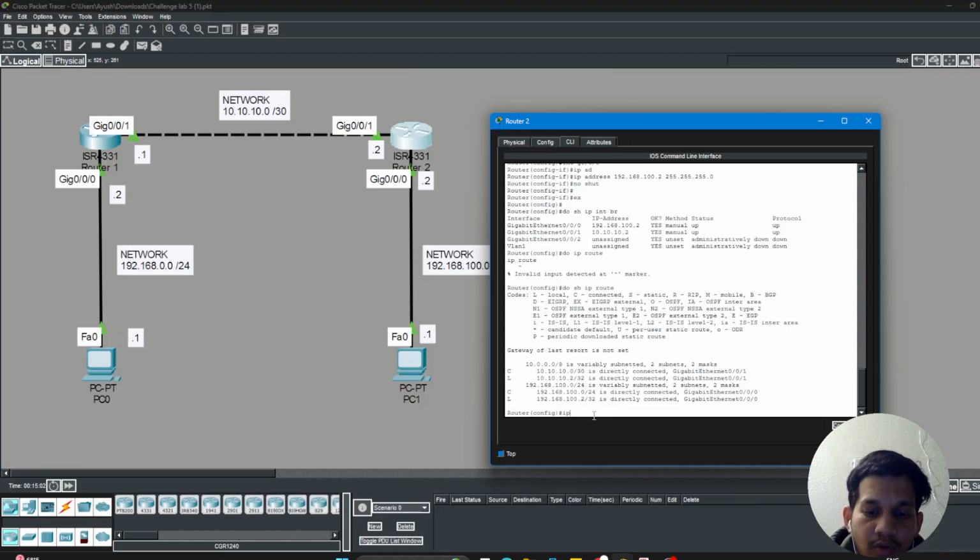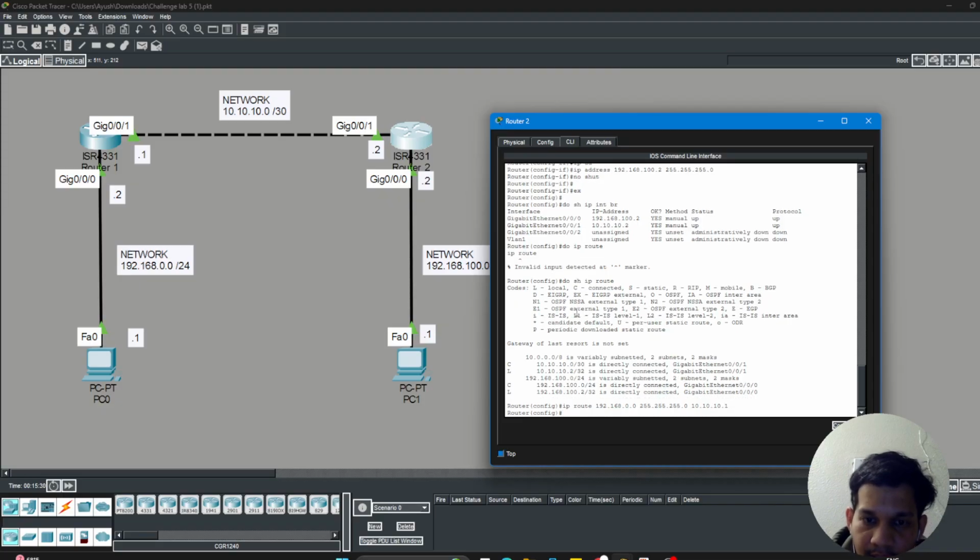So do ip route. To reach this network, 192.168.0.0 /24, mask 255.255.255.0, the next hop will be the IP of G0/1 of router 1. So what's the IP? 10.10.10.1.